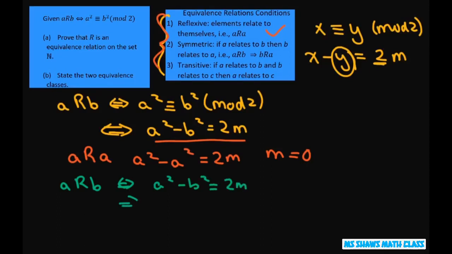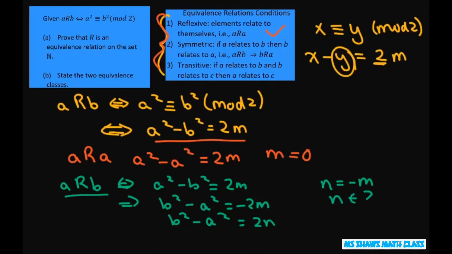That implies that B squared minus A squared equals negative 2m. Now, if you want, you can write this as B squared minus A squared equals 2n, where n equals negative m, and n is an integer. All right, therefore B is related to A.